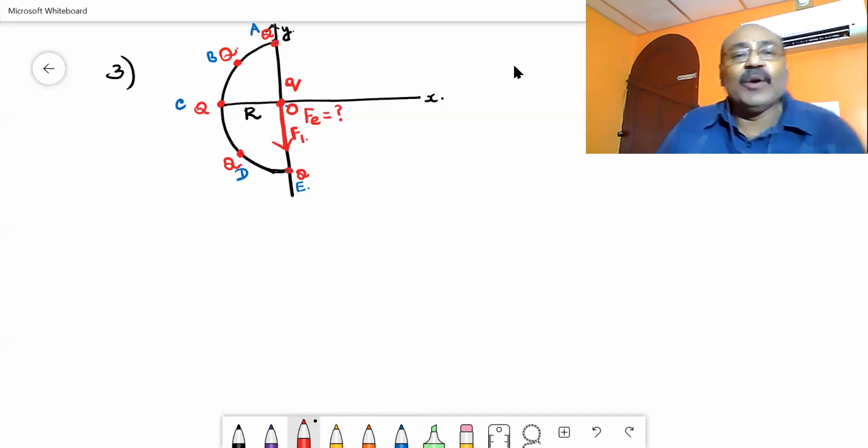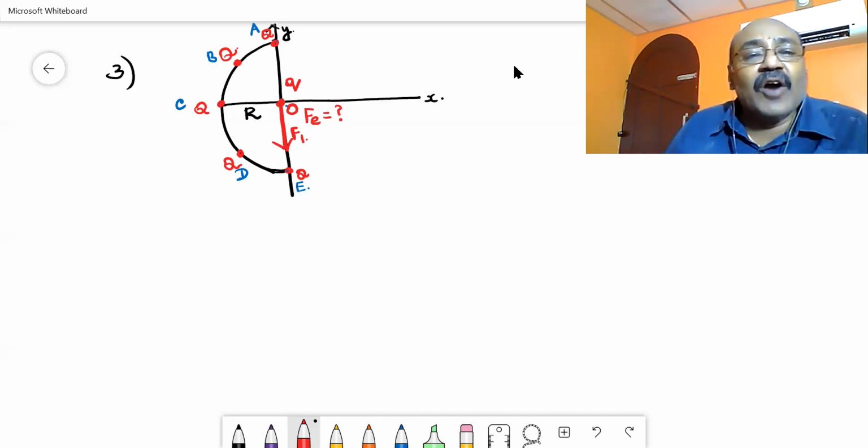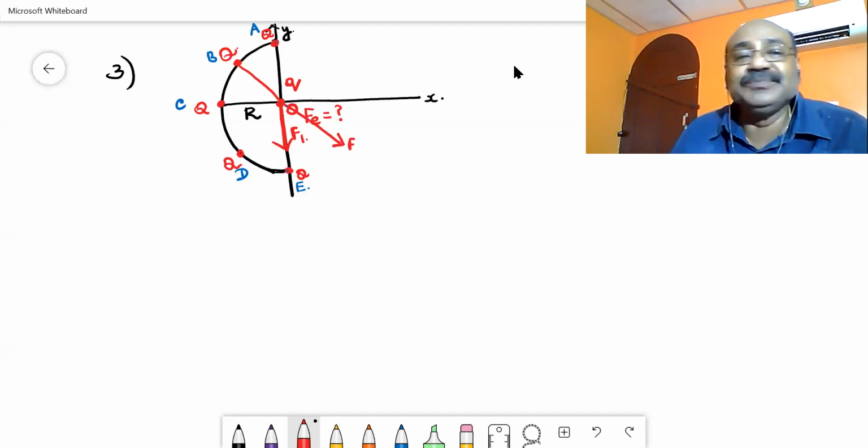Similarly, when you consider the force acting on O due to the charge at B, the force acts along the line joining the two charges and acts away. Let us consider that force as F2. If you consider the third charge Q at C, the electrical force acting at O is along this line joining, and let us consider that force as F3.